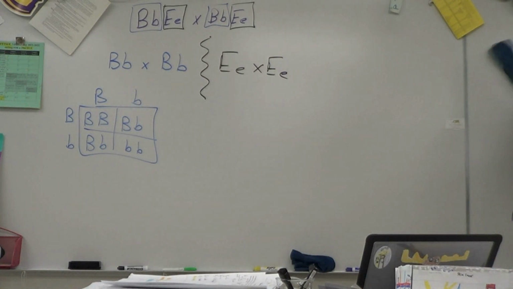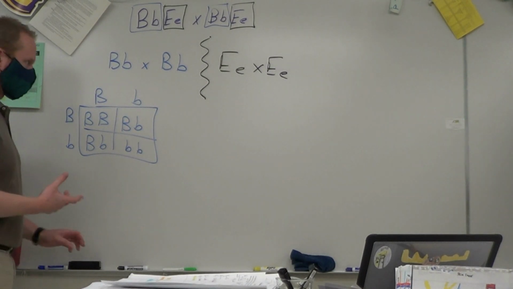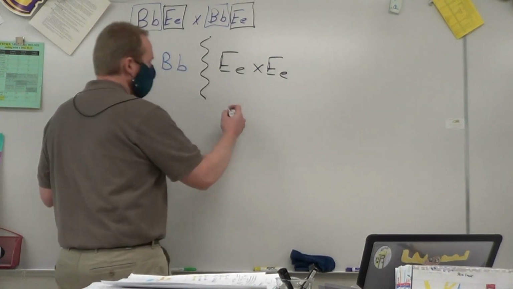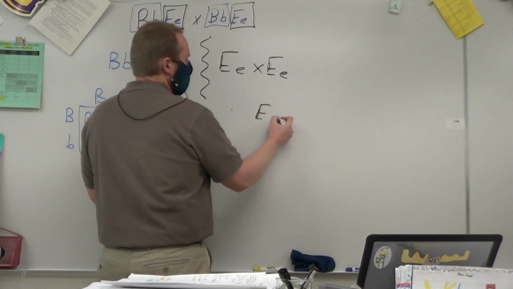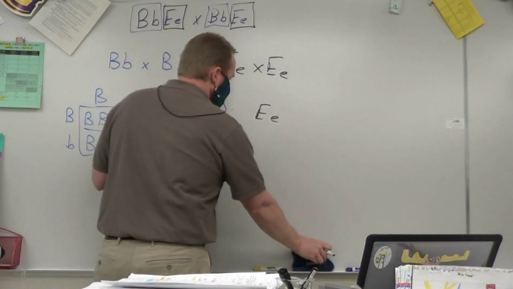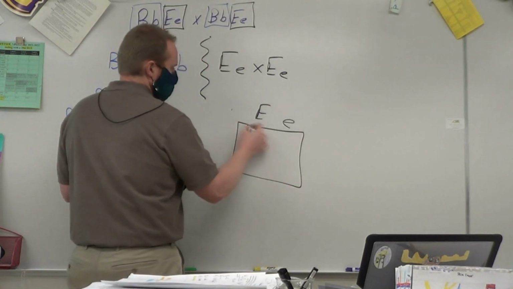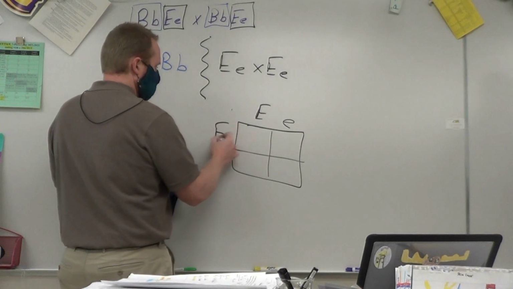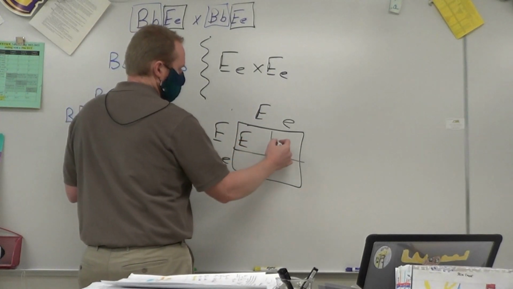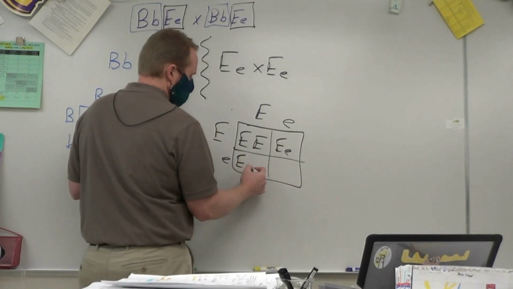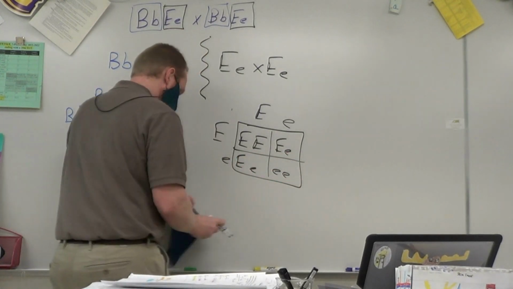Big B, little b, cross with a big B, little b. This is what we get in terms of a Punnett square. And when we do a big E, little e, and we cross that with a big E, little e, we get a Punnett square that looks something like that.